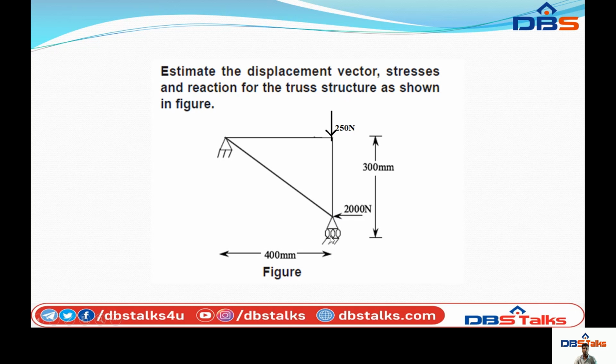Here there is one roller support and one fixed support. A roller support can travel only in the horizontal direction, from left to rightwards. But in the fixed support, there is no vertical direction movement.